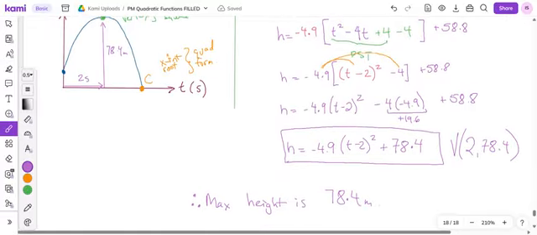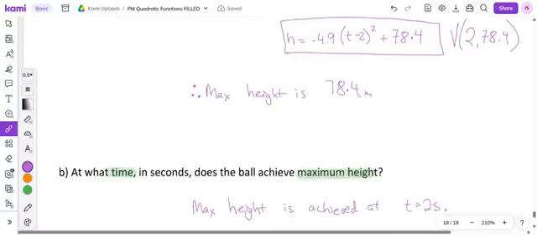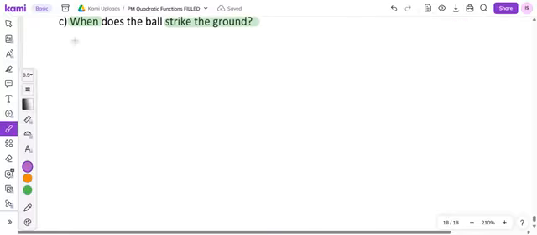Okay, so if I need to find roots, do I want to work with the vertex form or standard form? So let's write it out. Negative 4.9 t squared plus 19.6 t plus 58.8. All right.